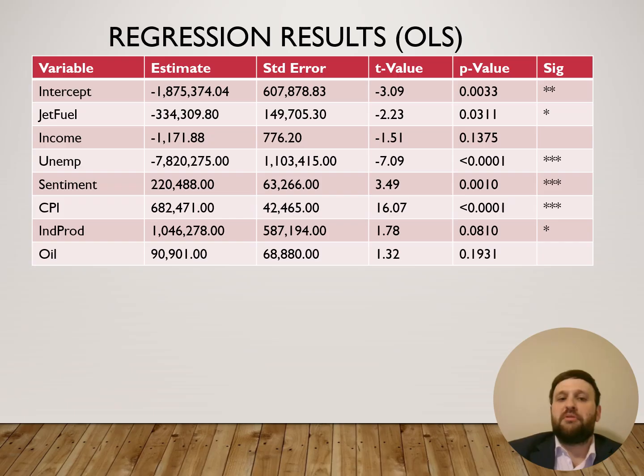Their weak performance may reflect shared variation with stronger predictors already in the model. So overall, the combination of strong t-statistics and low p-values and economically sensible coefficient signs for the major predictors supports that the model is capturing a meaningful economic relationship.